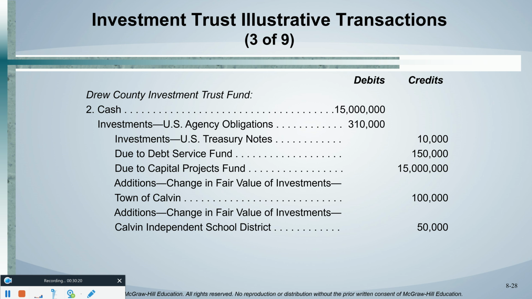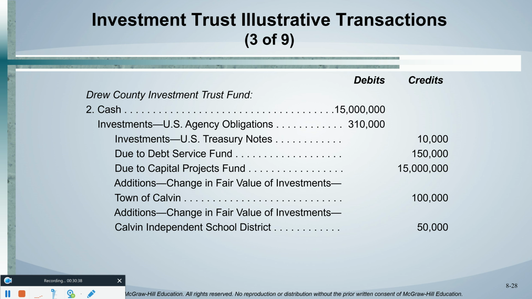And the Capital Projects Fund said, "That is awesome. We want in." And so a fourth participant has joined the group, and they have decided to put $15 million in cash into the trust fund.